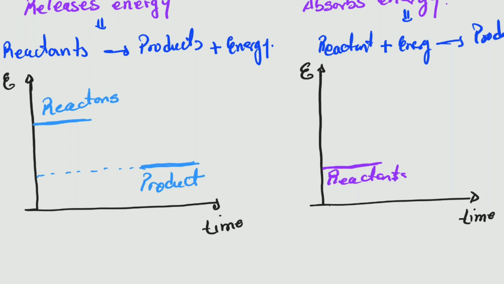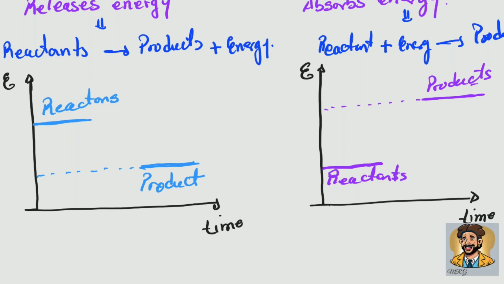You always start with the reactants. The reactants are taking energy in. So at the end, the products will have an energy that is greater than the energy of the reactant. This one is the product. Remember, once more, when I say product, I'm speaking about the energy of the product.